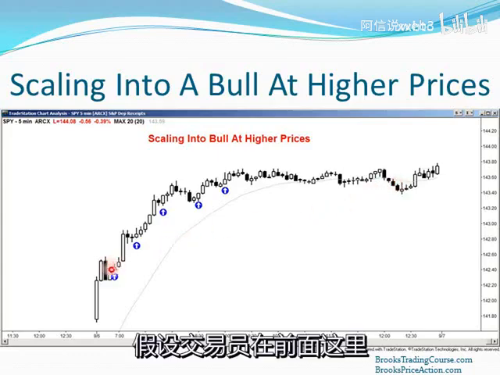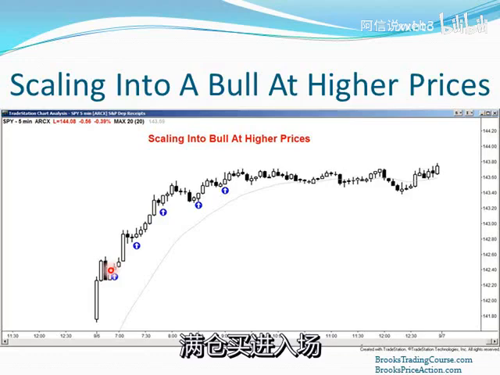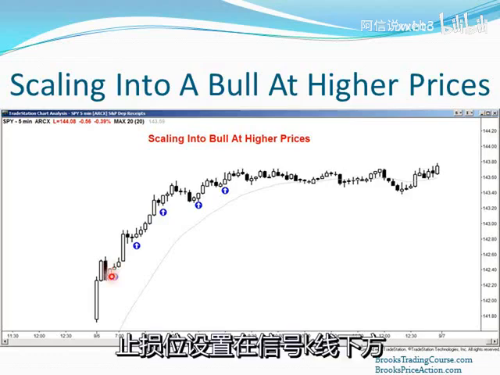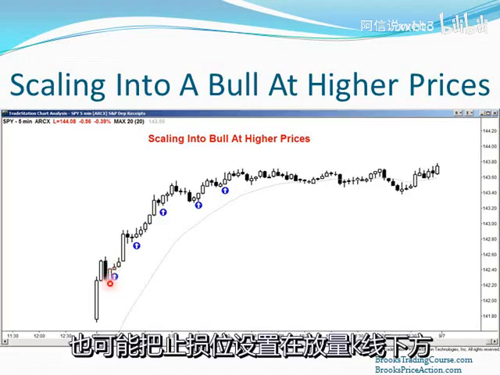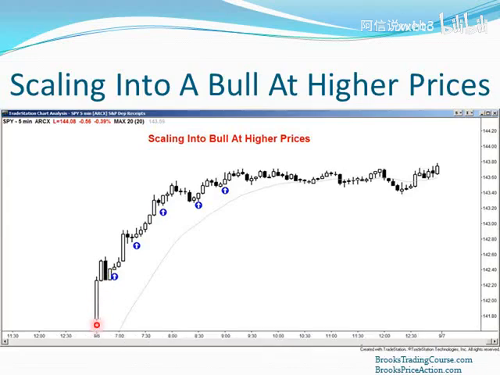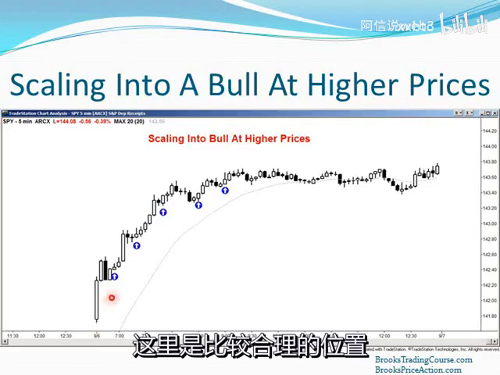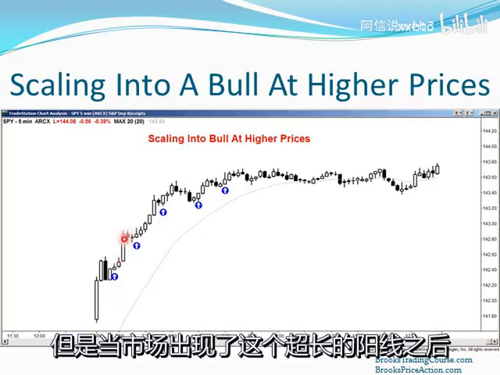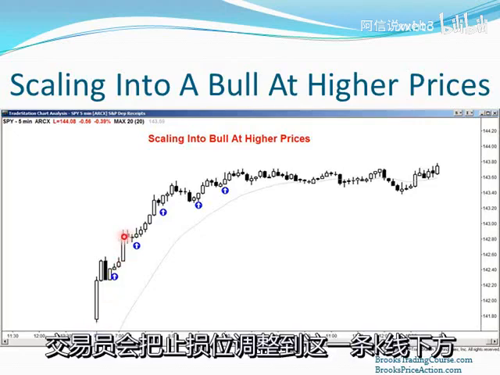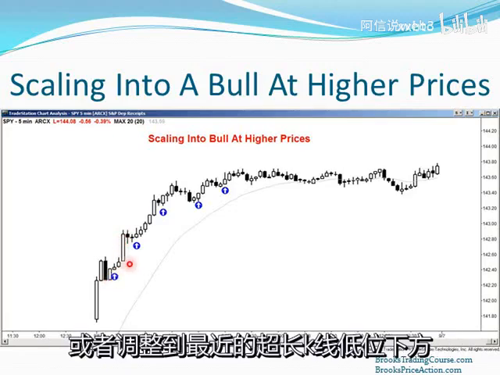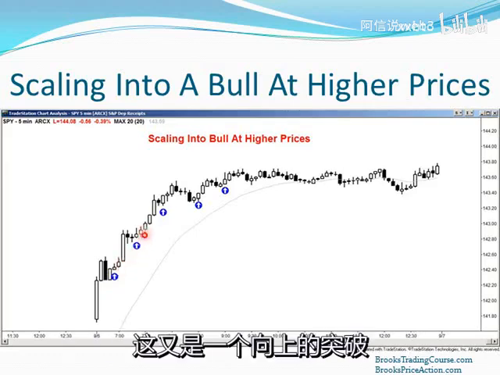However, let's say a trader took his initial full position here and he put his swing stop below the low of his signal bar. He may have put his swing stop down below the low of the bull spike, which is the appropriate location. However, once the market had this big bull bar, the trader would have moved his stop up to below this low or below the low of the most recent big bar.